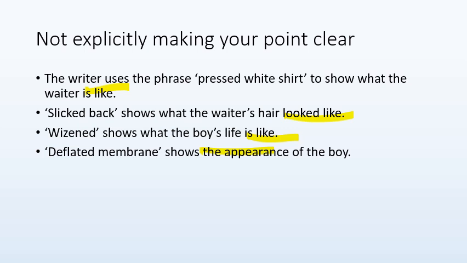Like, obviously any sort of description of appearance is used to show what someone looks like, but what you're trying to do here is explain what that image is, and so you need to give an adjective. So in the first one, what you're trying to say is to show that the waiter is clean, tidy, and well-mannered.